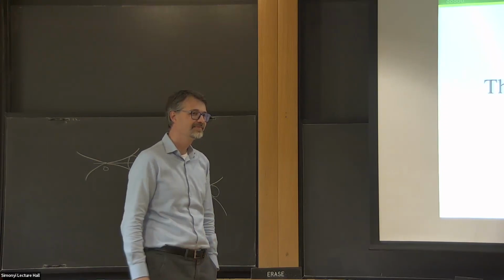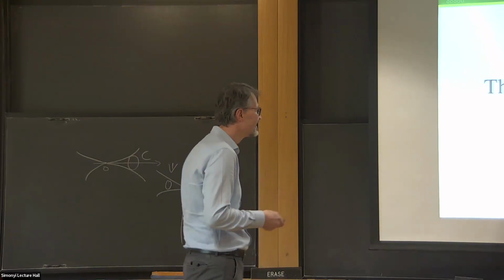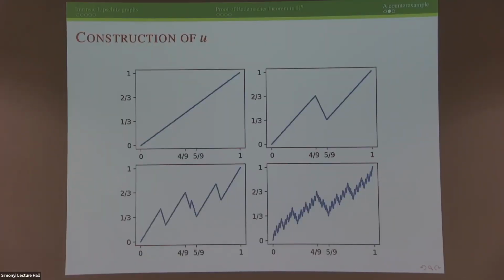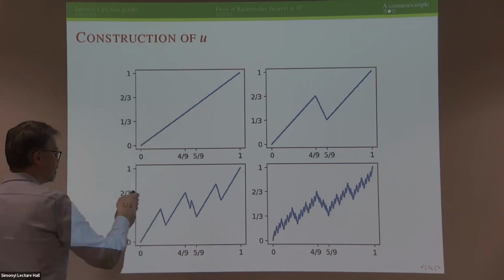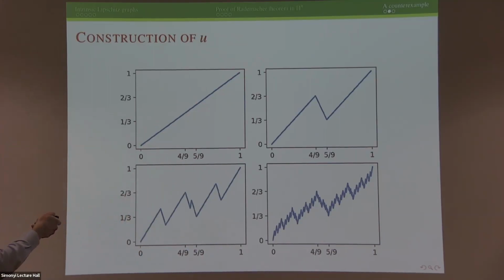Can you still show us a picture of the construction? Okay, it's skipped over, but sure. This is a nice way to produce a Hölder continuous function. You start from the identity, and then you divide your segment [0,1] into 3 segments: first one, second one, third one.